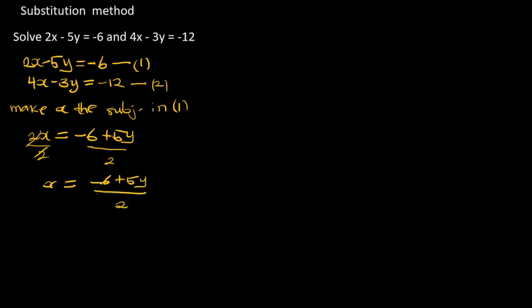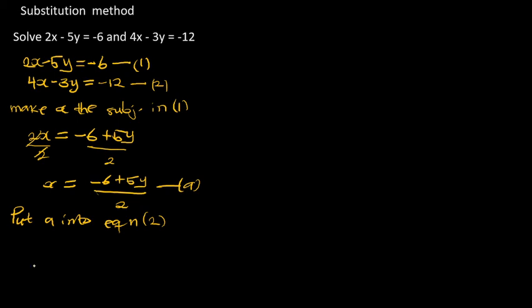Alright, so we're going to put the bulk of this into equation 2 so we can solve for y or x. Let's call this a. So put a into equation 2. If we do that, this is how it will look.